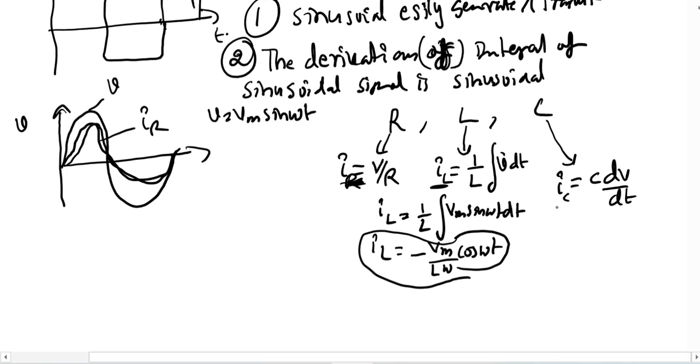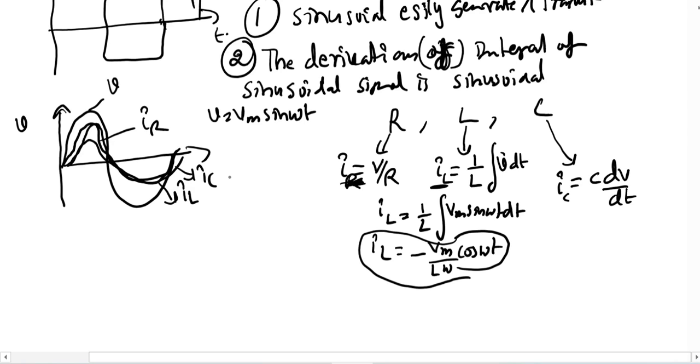And similarly if you do this for IL, and for this one also, if you do the derivation of sin omega t, the d by dt of sin omega t, again you will get the sin omega t, isn't it? So it means IC is also getting a sinusoidal signal.